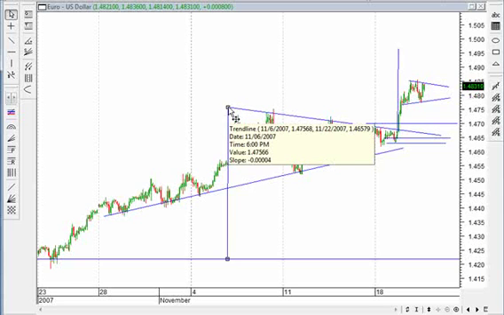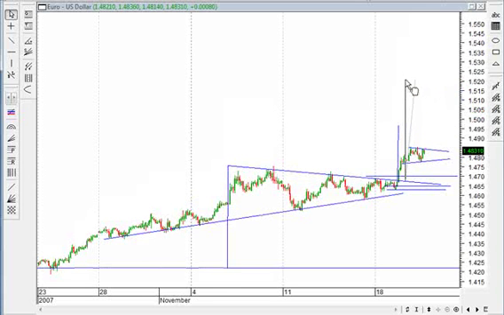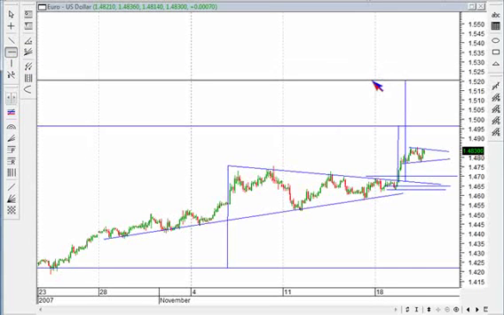If I copy that and paste a new one over here, I'll set this over to the side just a little bit so we can see it. The secondary price target is up here at 152. So primary target right here, secondary target right there.